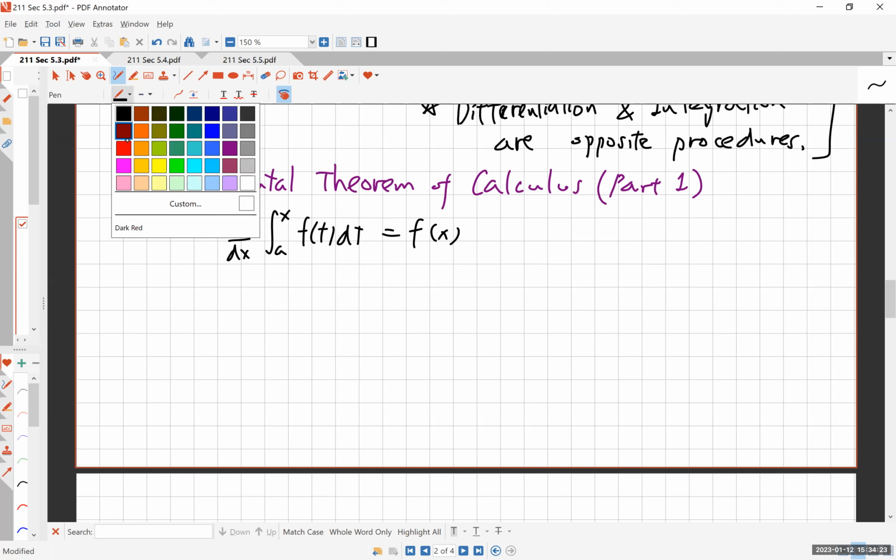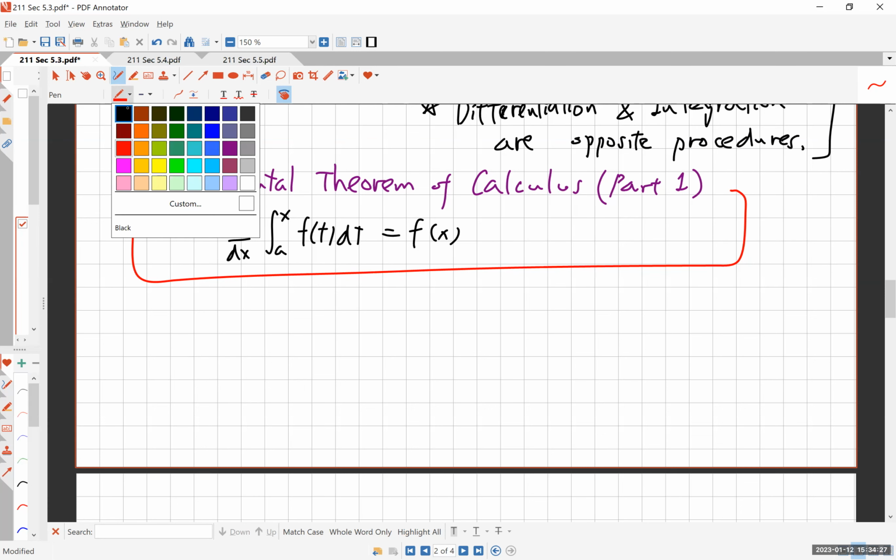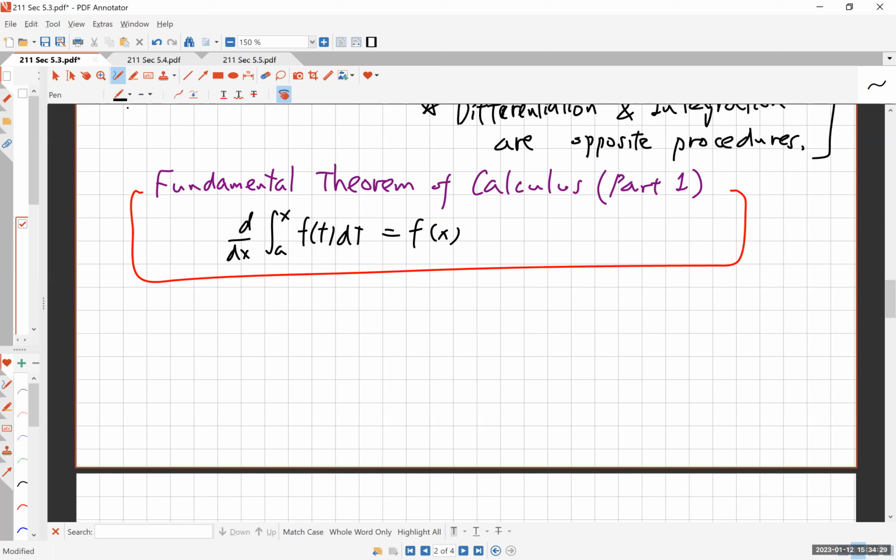So that is the fundamental theorem of calculus part 1. It is theoretical, and this is good to know. But when most people talk about the fundamental theorem of calculus, they're actually referring to the second part, which I am about to go into. The second part is what I'm going to tell you on the second part of this video on section 5.3.